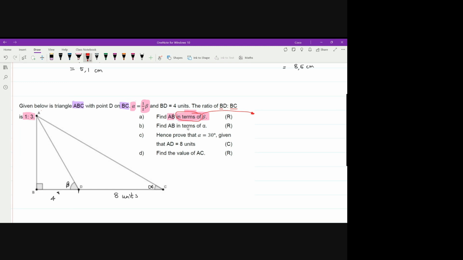Because the phrase "in terms of" means that our answer will not be just a number. When they say in terms of beta, that means when I give my answer for AB, I'll have AB is equal to something, and there'll be a beta in my answer. Beta will be part of my answer.